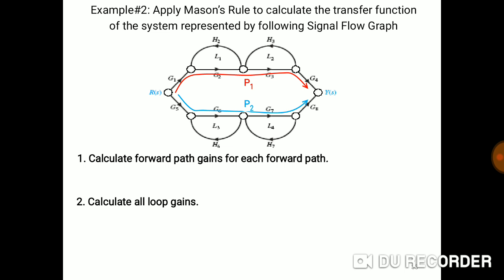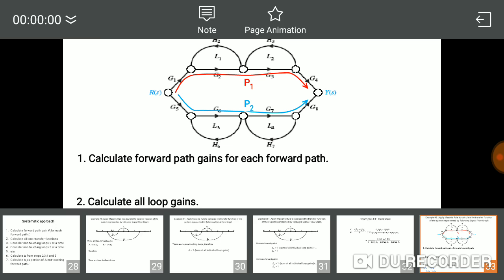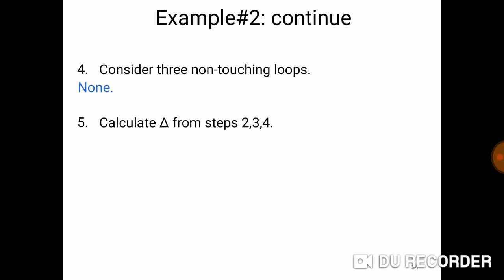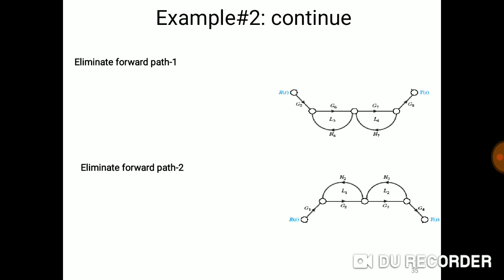Then calculate all loop gains. How many loops are there? Then consider the two non-touching loops, and then three non-touching loops. Then calculate delta using steps 2, 3 and 4. These are forward path 1 and forward path 2.